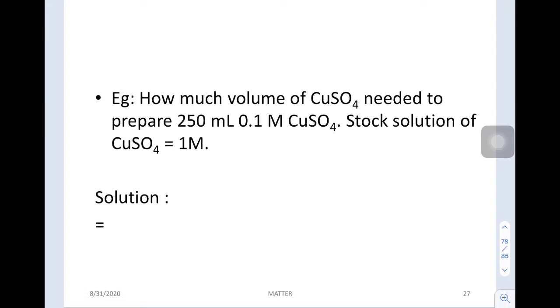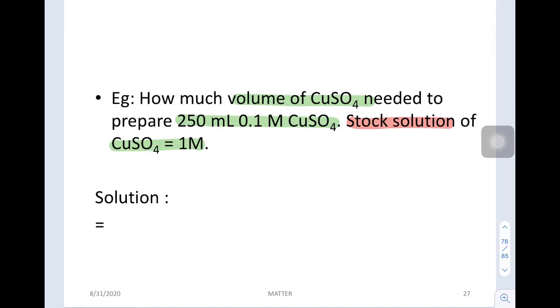How much volume of copper sulfate is needed to prepare 250 ml of 0.1 molar copper sulfate? The stock solution concentration is 1 molar. We have to know that the stock solution means the concentrated solution.